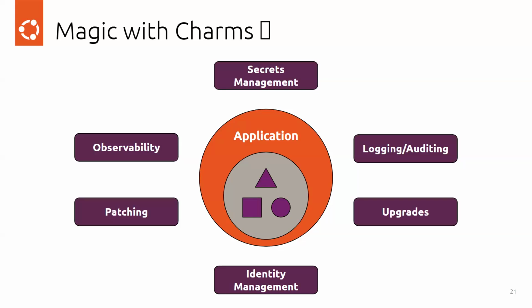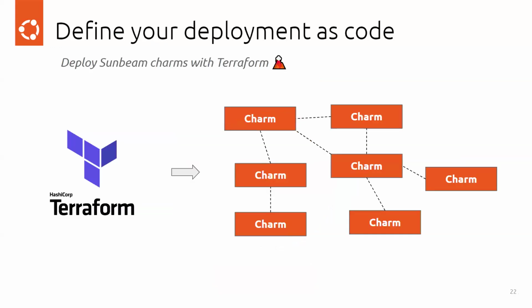It's also able to supply other things like upgrades and observability for getting insight into how your services are performing. And lastly, how the Terraform bit pops in is it basically says, okay, talking with Juju, how do we deploy and set up these charms to get them to talk to each other?